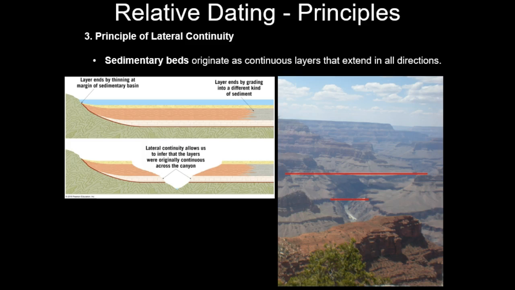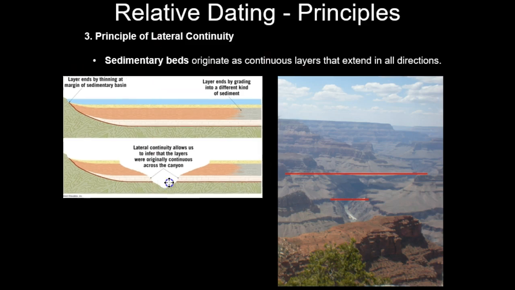You see on the most top left figure right here, how the sedimentary layers were deposited and they eventually either thin out right here or they grade into a different kind of sediment right here and are later cut by a stream right here. And we can assume that they were carved by it to create the resulting canyon, like the bottom figure right here.